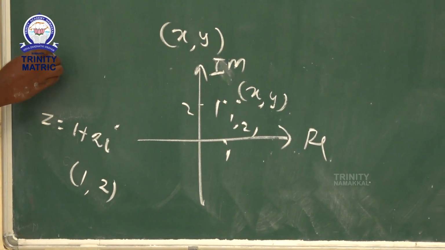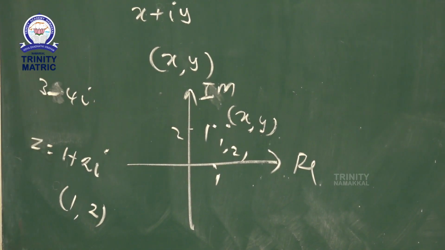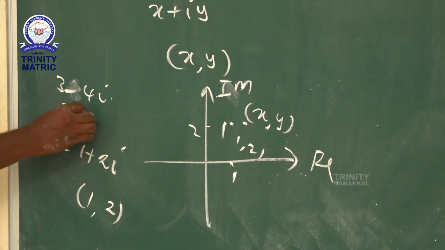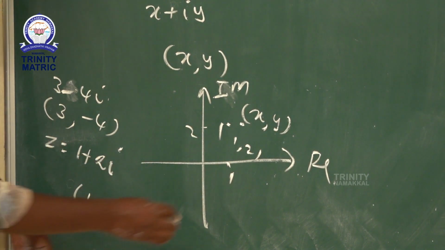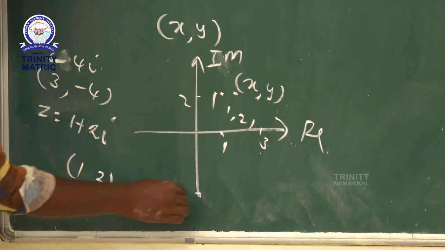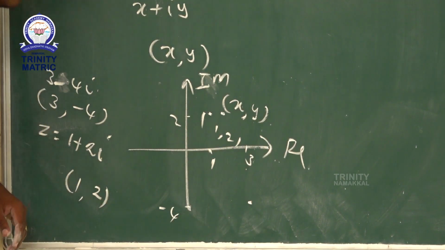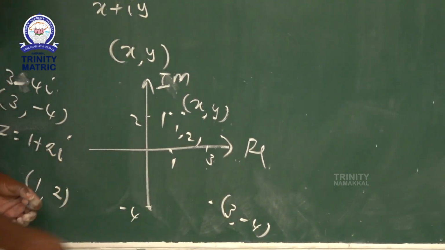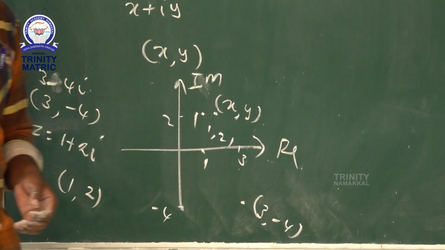Same method. Here 3 plus 4i or 3 minus 4i. Take 3 minus 4i. Here 3 is the real part and minus 4 is the imaginary part. So 3 is here on the real axis, and then minus 4 on the imaginary axis. So 3 comma minus 4 lies in the fourth quadrant. In this way any complex number can be plotted on the Argand plane.